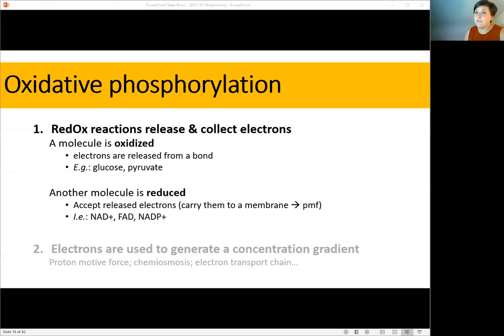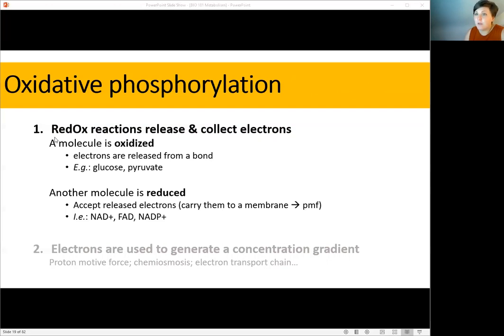So oxidative phosphorylation is a two-step process. First, a molecule is oxidized, meaning electrons are released from a bond within the molecule. These electrons are picked up by molecules called electron carriers. When a molecule picks up or receives an electron, it is said to be reduced. This is because when a molecule gains an electron, it gains a negative charge, meaning its overall charge is reduced.